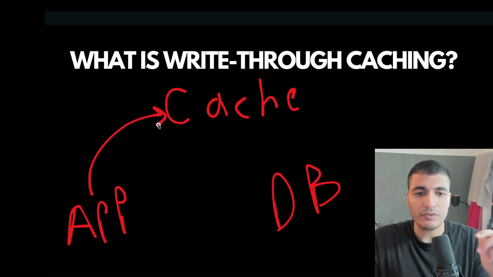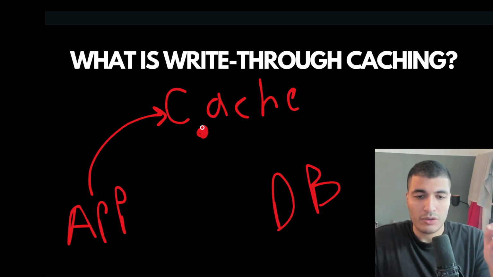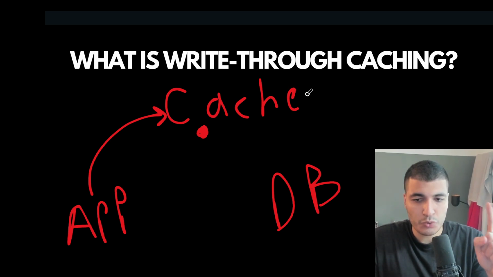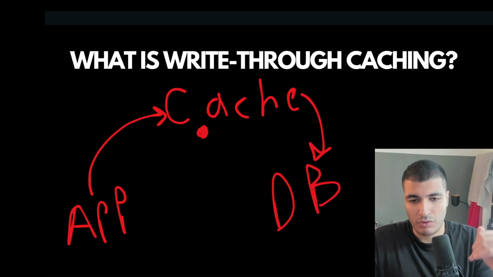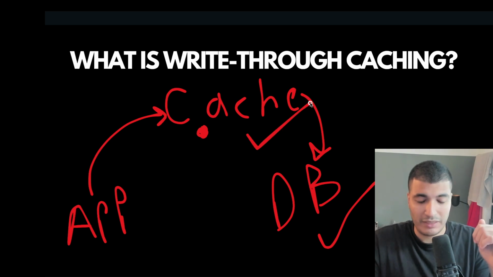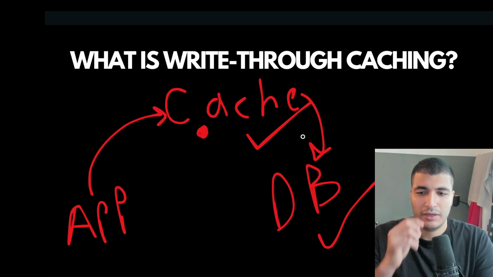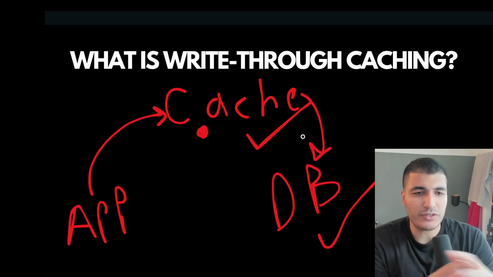Okay? The cache system first writes this updated data to its own storage. Crucially, it then immediately writes the same data to the primary database. Only after the write has been successfully committed to both the cache and the database will this write operation be confirmed.